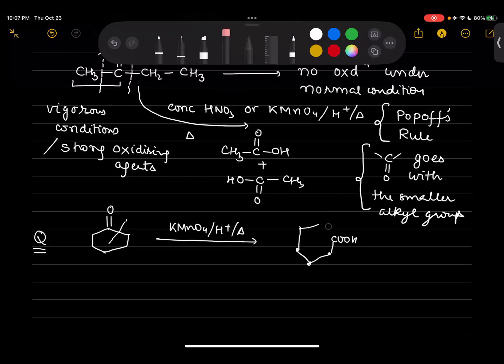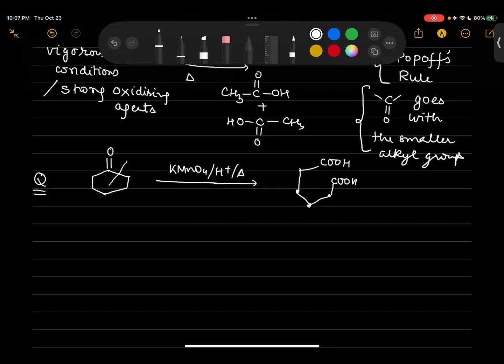So you are going to have hexane-1,6-dioic acid. So this I hope is clear. Okay, so let's move on to the other method.